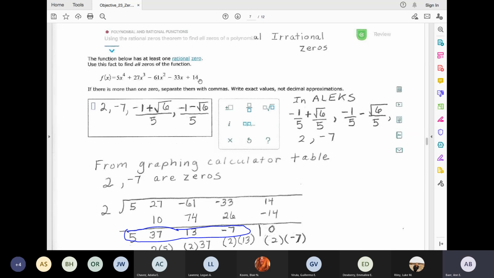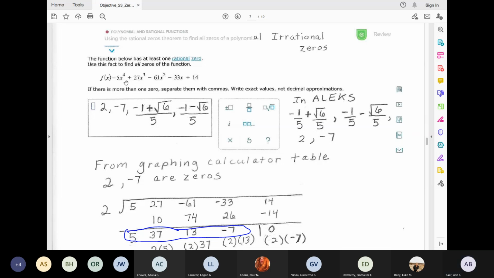And I want to make sure I've got that copied down correctly. Let's go enter this in our calculator and see how to identify these two zeros.